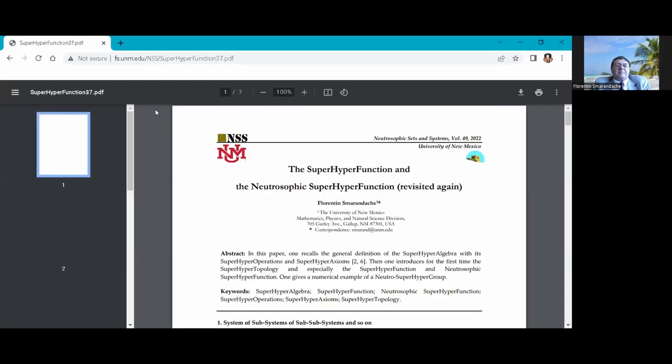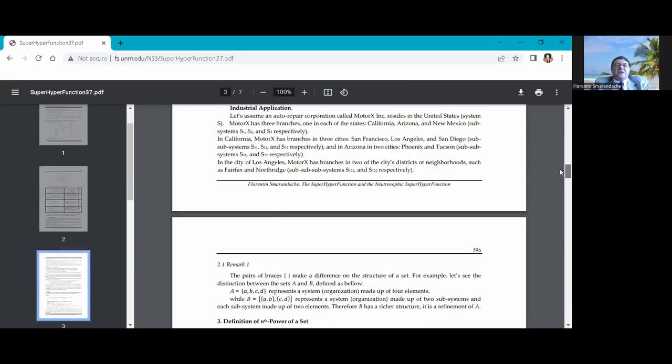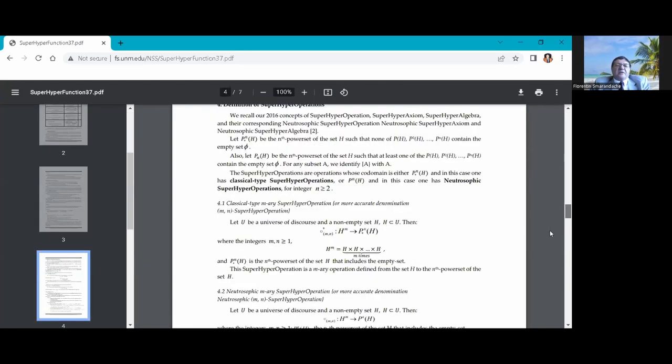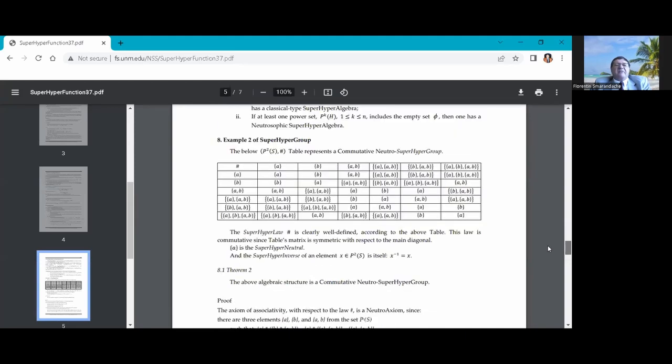Now for the super hyper function, we come back to the super hyper function. So a function defined by a power set of S. Here it's a power set of S, but we may have even more, a power set of power set and so on of S. And this is the operation, and see how we combine the elements.